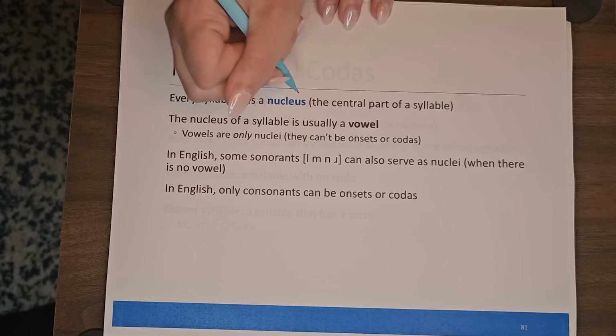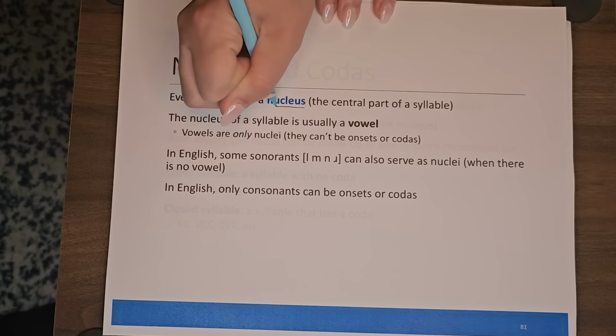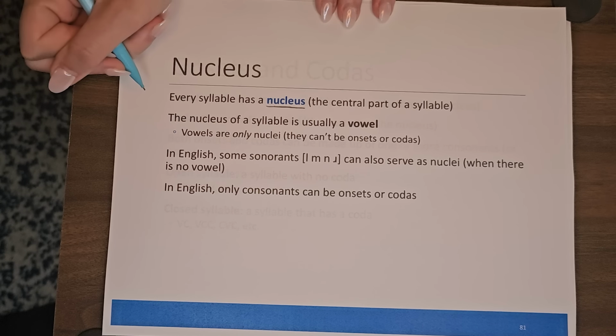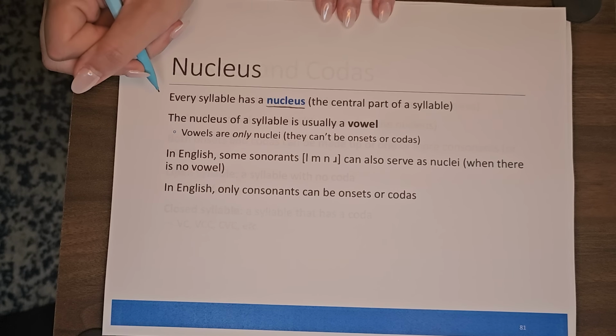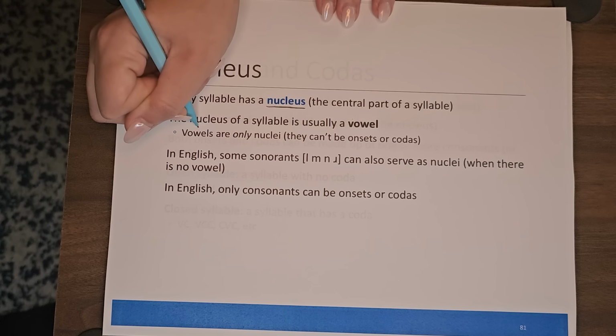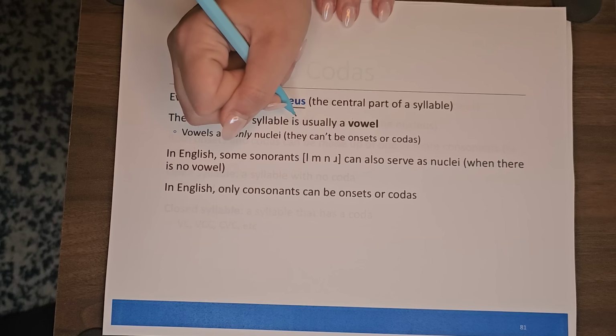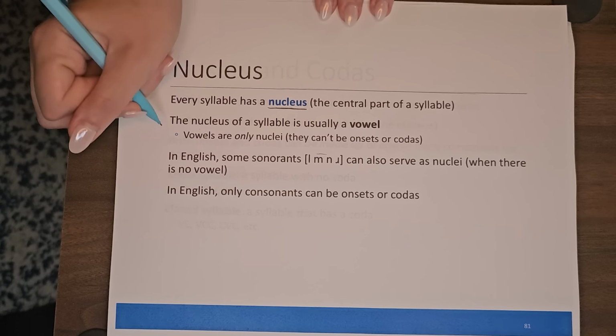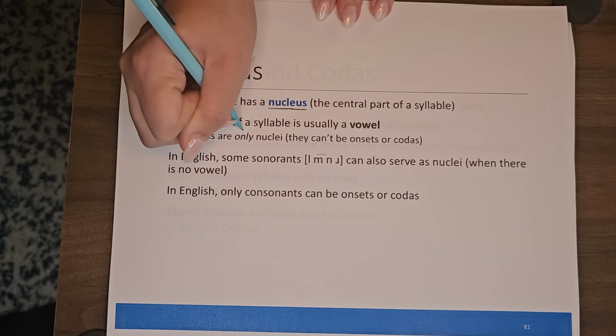Every syllable has a nucleus, which is the central part of a syllable. The nucleus of a syllable is usually a vowel, but it is occasionally something like a syllabic l or a syllabic r or some nasal sounds. Vowels are only ever nuclei.